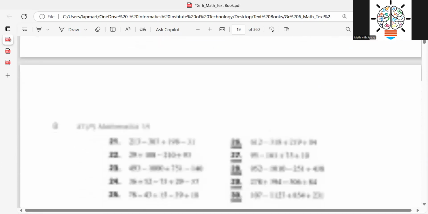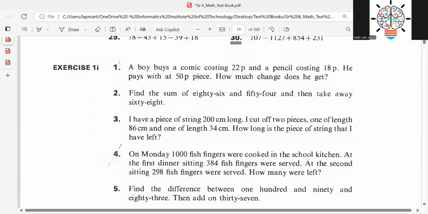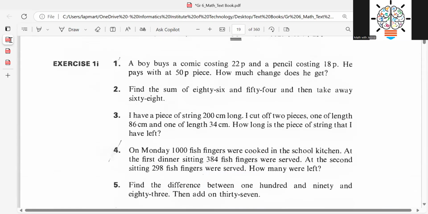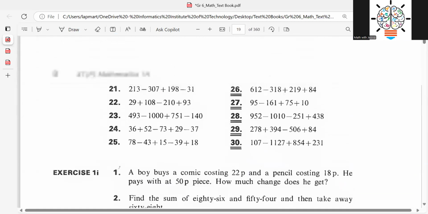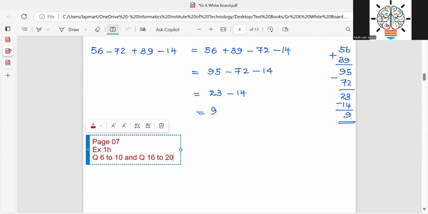So then you want to do the word problems. When you're trying these word problems, you won't follow the same pattern. The page number first I want to write, that is page 8, Exercise 1I.